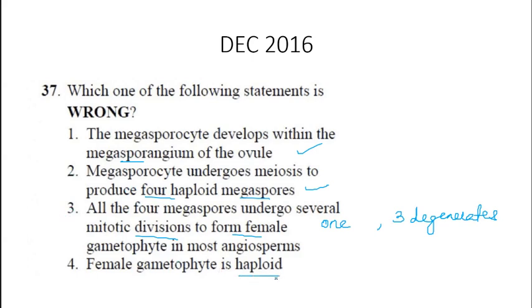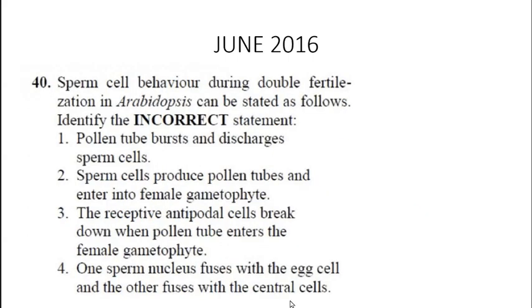Next. Sperm cell is also said to be the male gamete. Behavior during double fertilization in Arabidopsis can be stated as follows. Find the incorrect statement. Pollen tube bursts and discharges the sperm cells. Yes, we discussed. Sperm cells produce pollen tubes and enter into the female gametophyte?